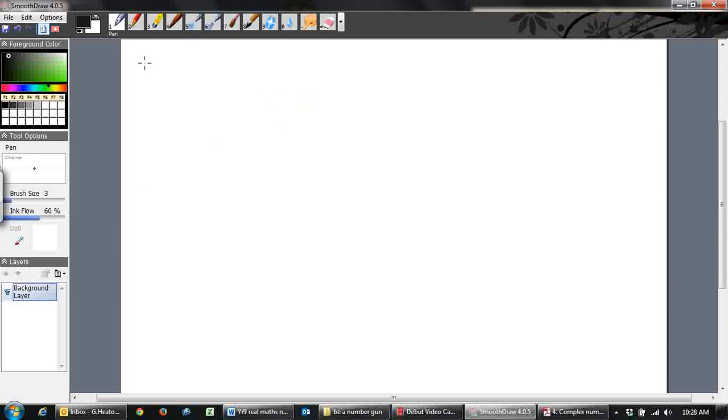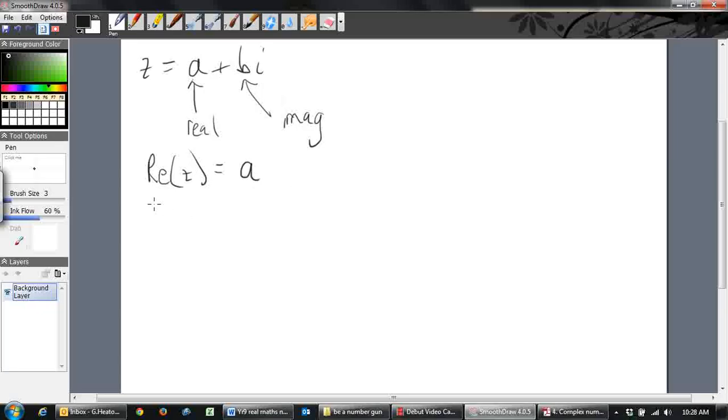Like I said before, if we've got some number z, which is a plus bi, we said that a is the real part, and b is the imaginary part. So how we write that is: the real part of z is equal to a.